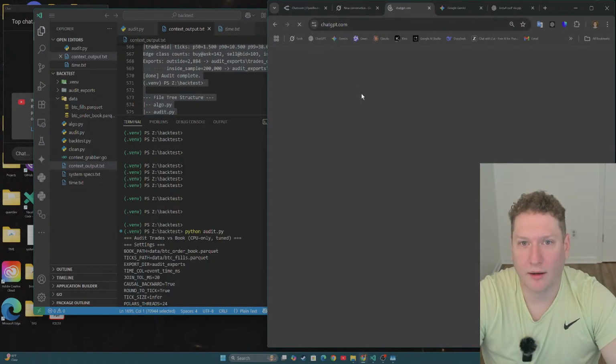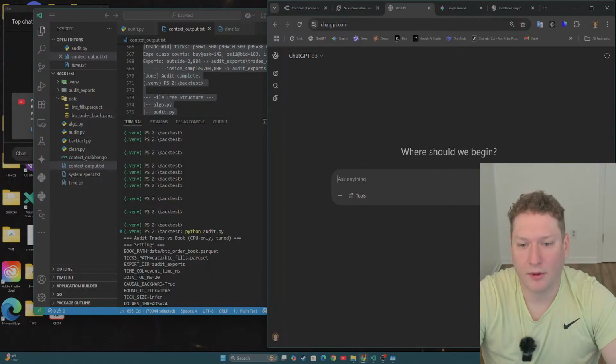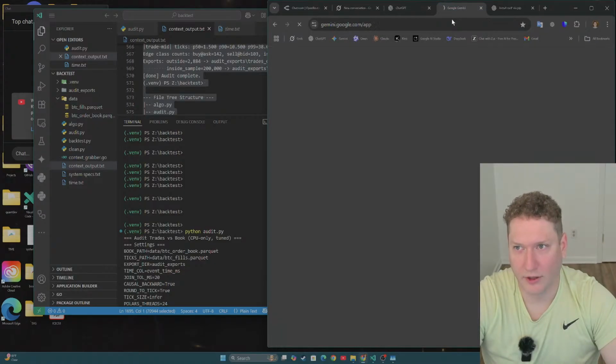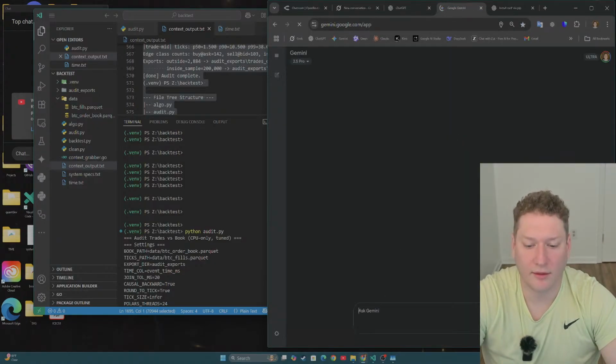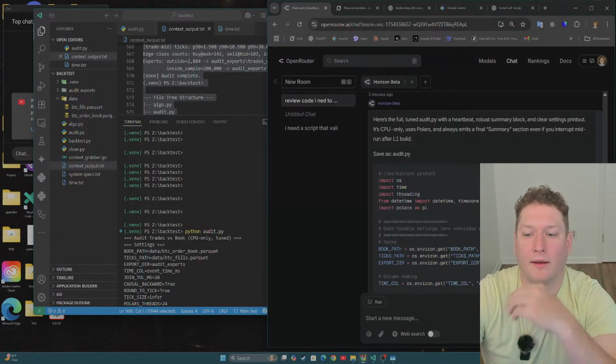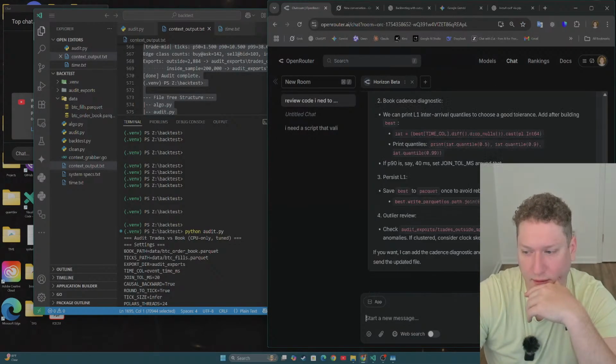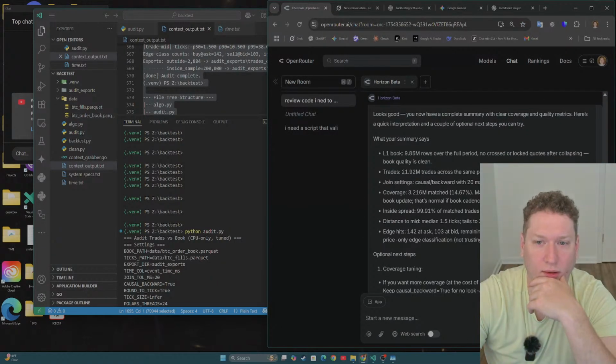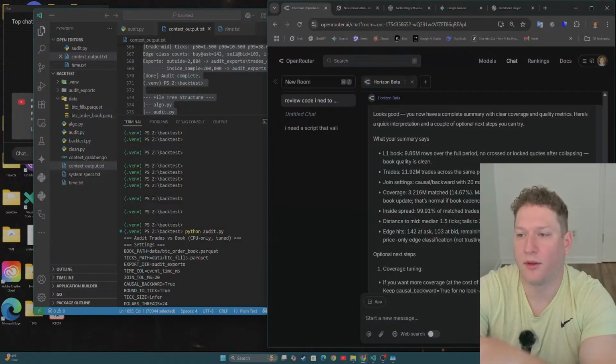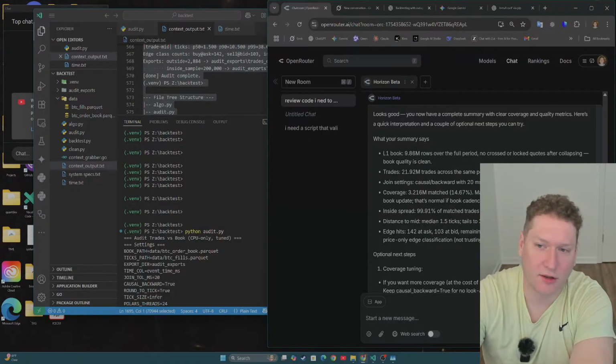And we'll get Grok in here. We'll give everyone context right away, just to get everyone up to speed here. Okay, let's see what Horizon Beta has to say. Looks good. You now have a complete summary of the coverage and quality metrics. Here's a quick interpretation and optional next steps you can try.